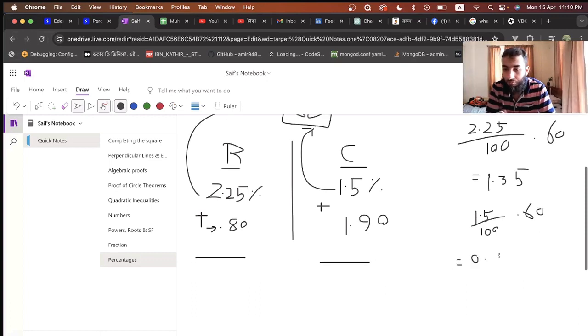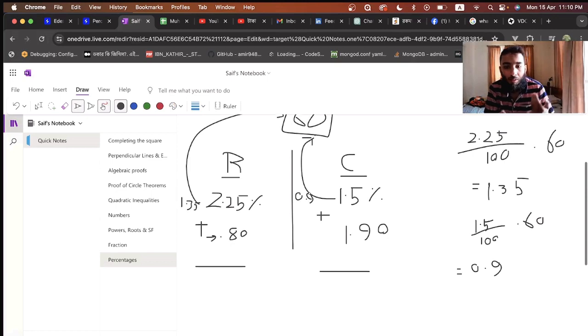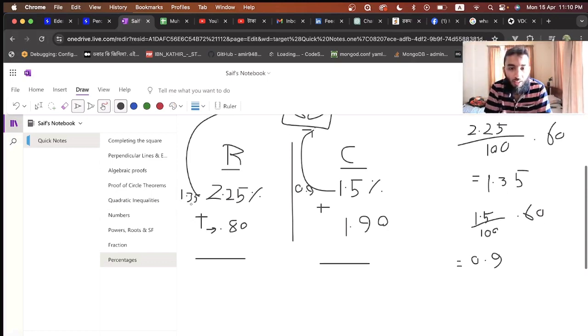In this case we get 1.35, and in this case we get 0.9 pounds, or 90 pence.